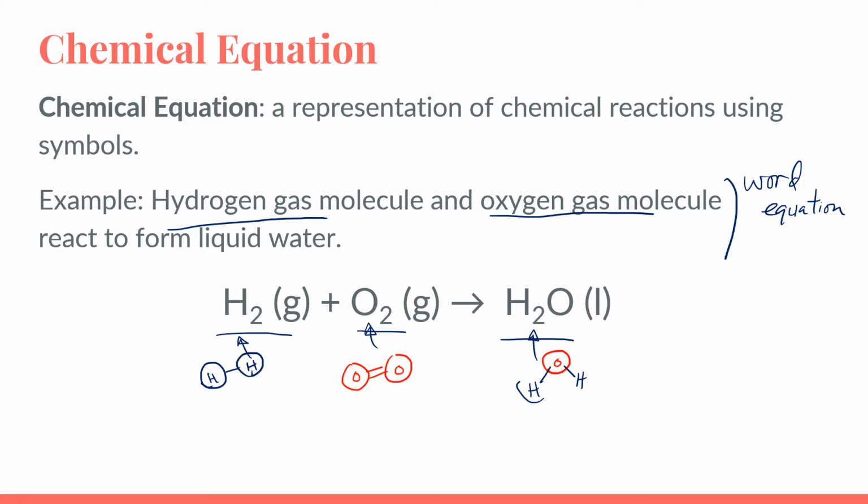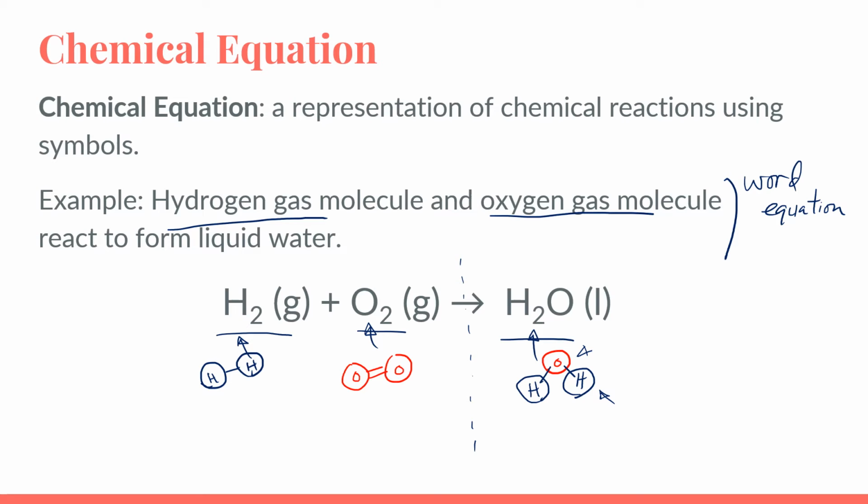And I bet some of you noticed something weird. If you remember the conservation of mass, meaning whatever you start with, you have to end up with, notice that we have two blue circles and two red circles, and on the product side, only one red and two blue. That's troublesome, right? That means that we lost an oxygen.